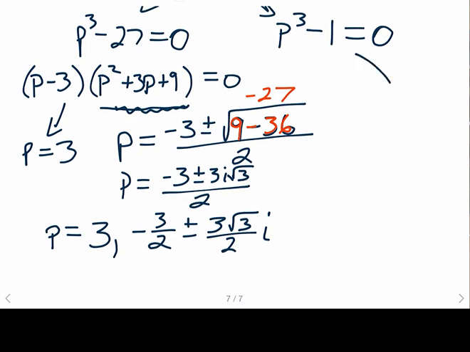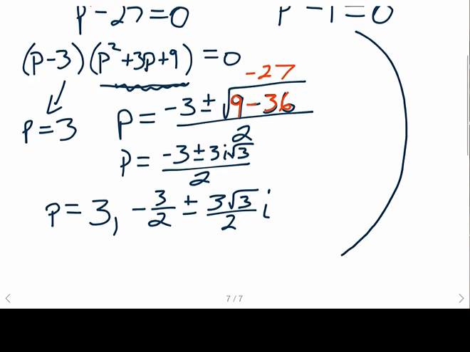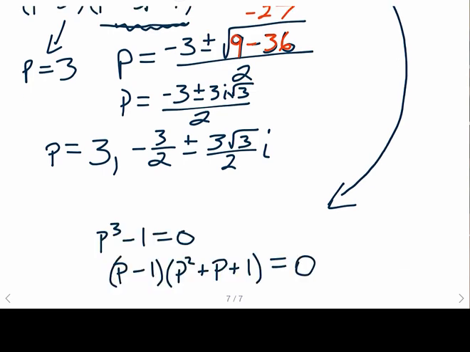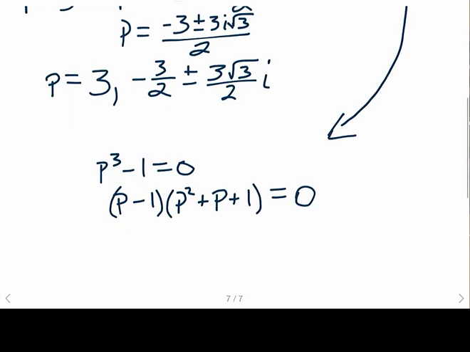Now why don't you take that p cubed minus 1 equals 0 and do what we just did, see if you can remember how to factor it, and come up with those last solutions. So when I start with p cubed minus 1 equals 0, I have p minus 1 times p squared plus p plus 1 equals 0. The first factor is going to give me p equals 1.